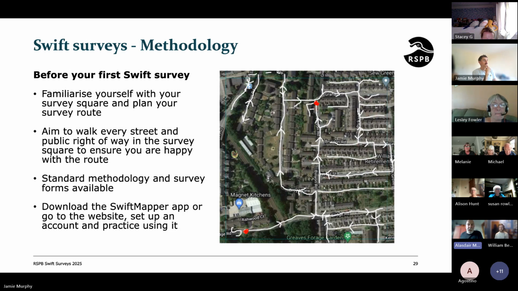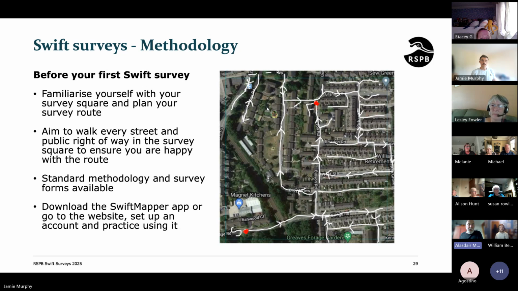So figure out a route that you can take, and then ideally follow the same route when you go out a second time to see if anything has changed, or if you're picking up anything that wasn't there before. We've got some information on the methodology and some survey forms, which we'll send out at the end of this.